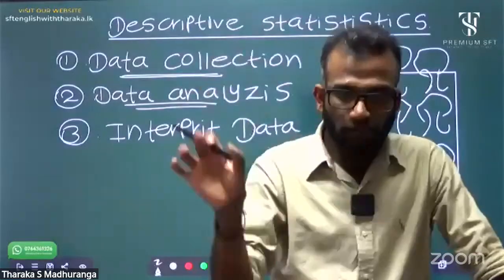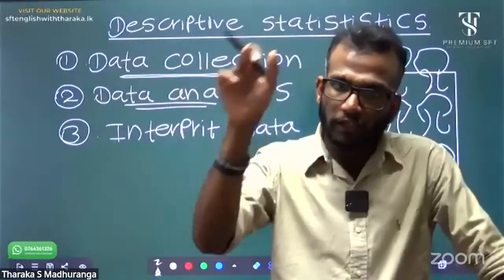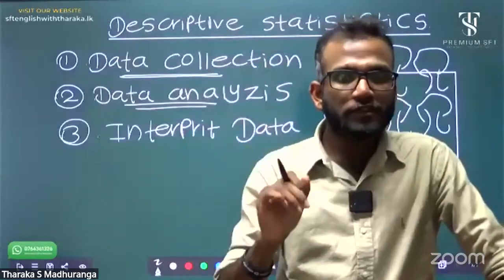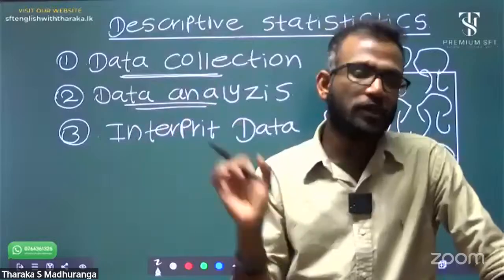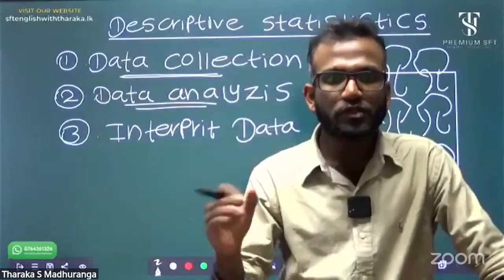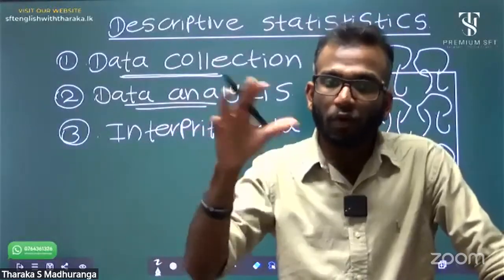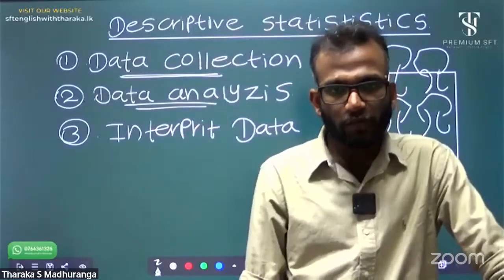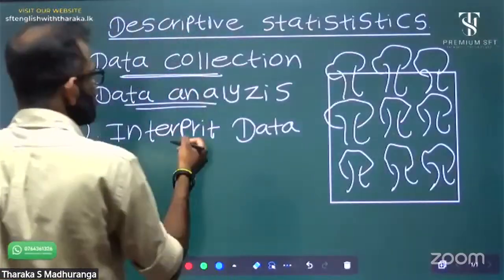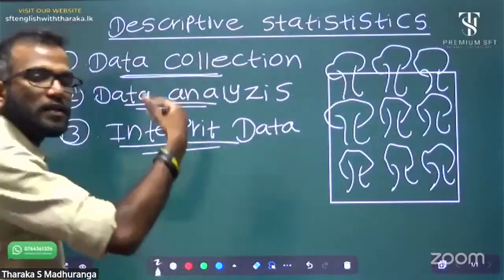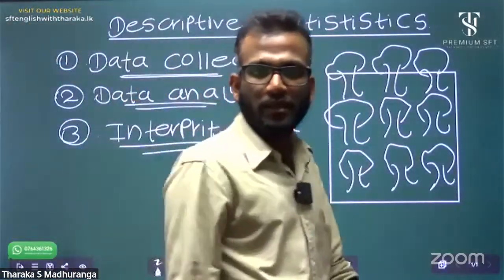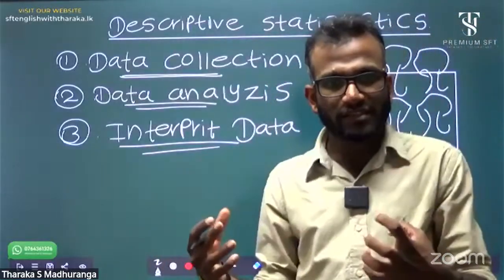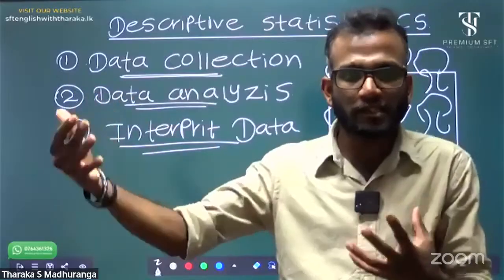You can use different charts, bar charts, pie charts, line graphs, and different types of interpretation methods to interpret your data in an organized, attractive way. So those are the steps of simple statistics: data collection, collected data analysis, and interpret, present.